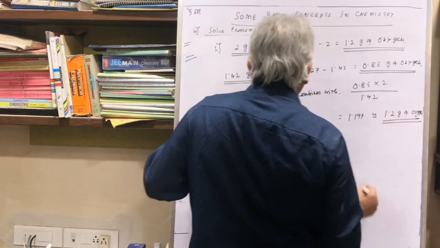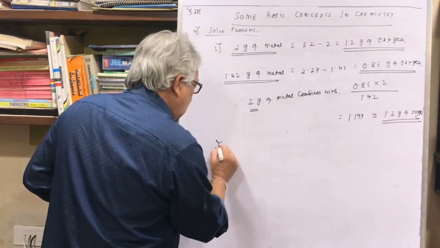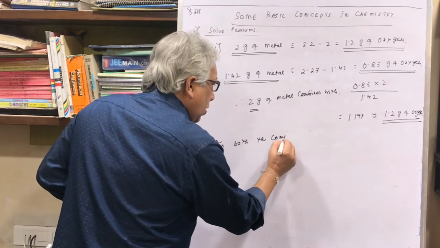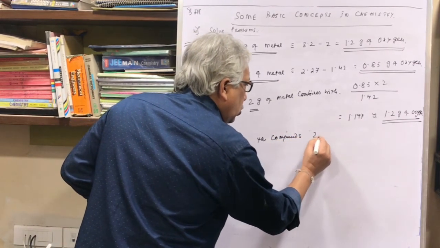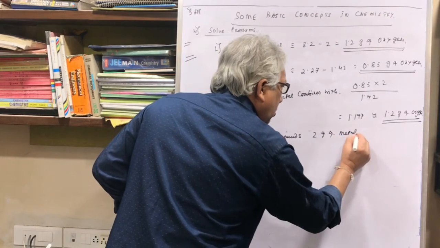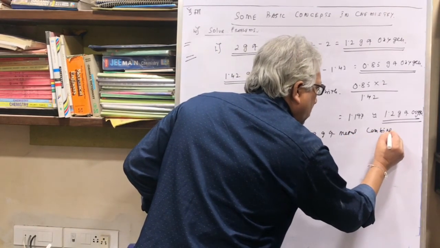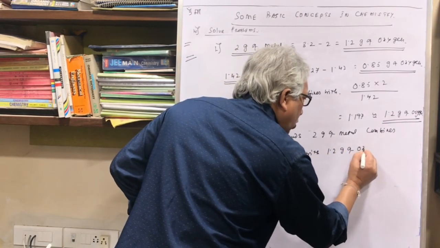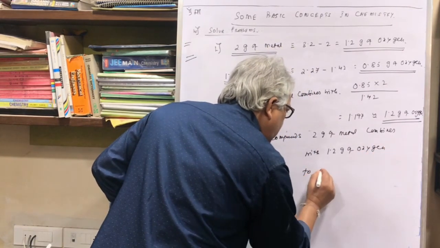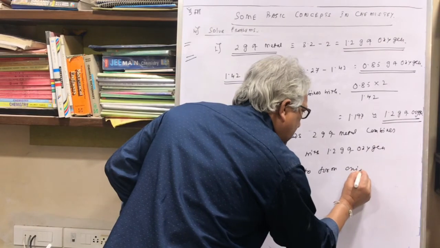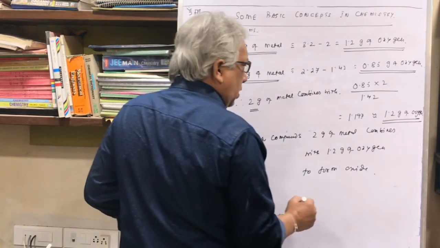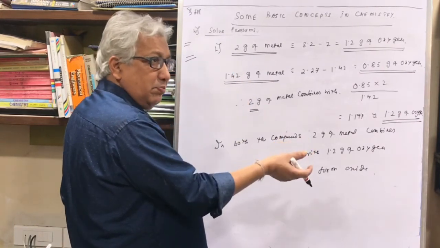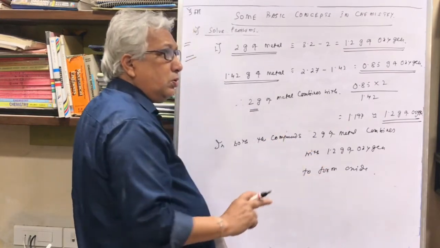Is it okay? So what I find in both the compounds, 2 gram of metal combines with 1.2 gram of oxygen to form oxide, and that means the elements metal and oxygen are the same, and their weight by mass is also the same.